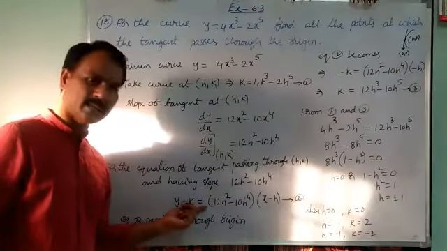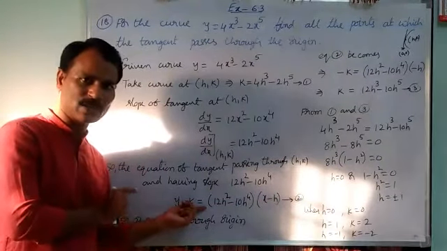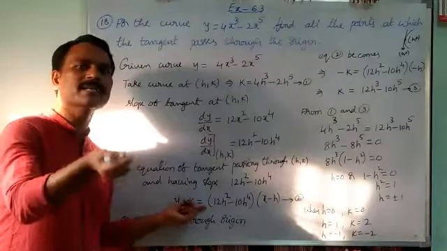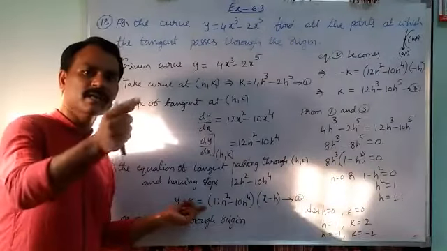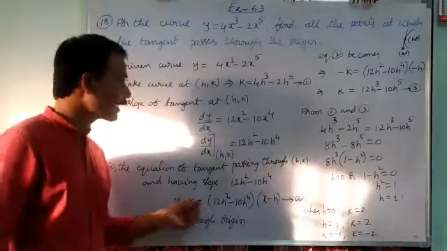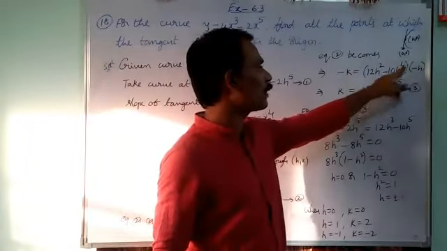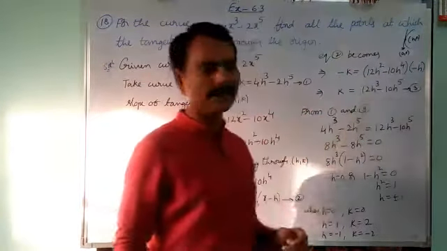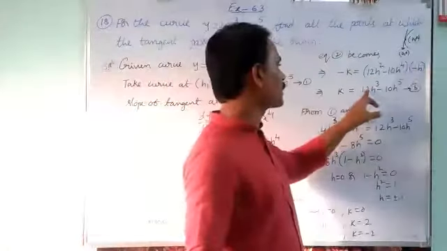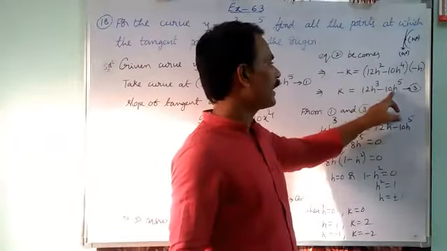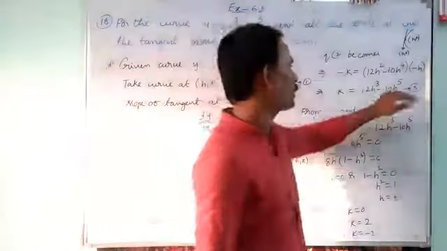This is the equation of a tangent, that is, the equation of a line passing through the origin, so in the place of x and y substitute 0, 0. You will get minus k is equal to 12h square minus 10h to the power of 4, into minus h. The minus will cancel, guys. K is equal to 12h cube minus 10h to the power of 5.